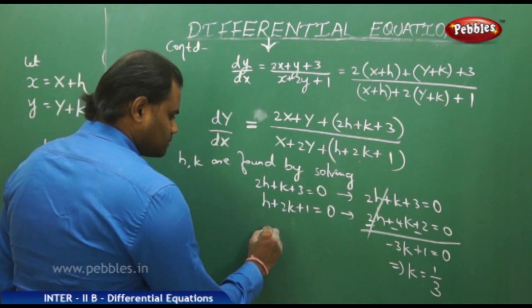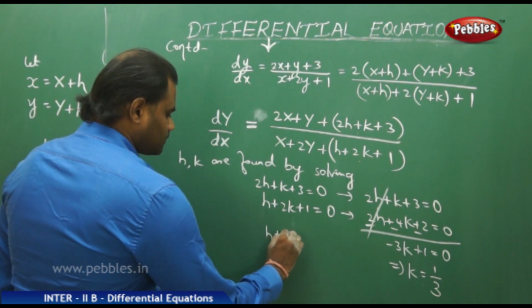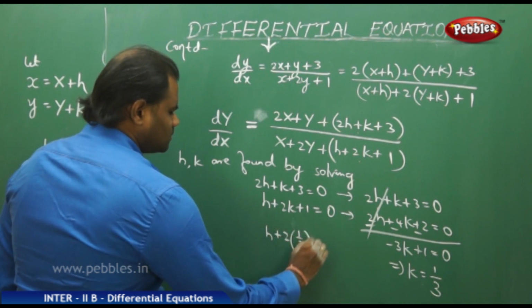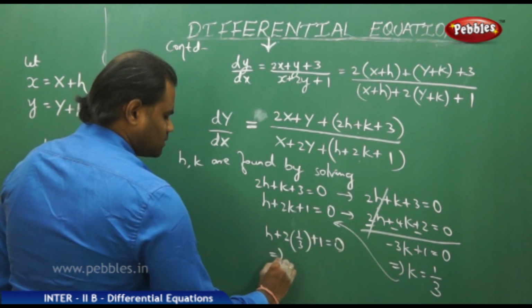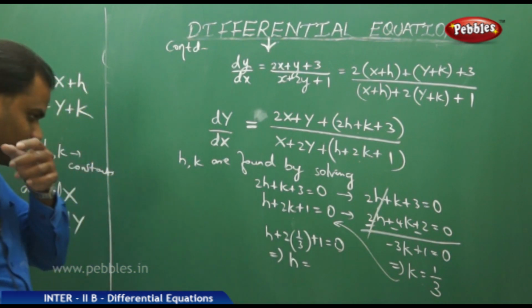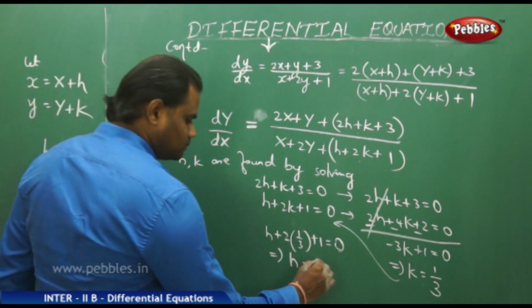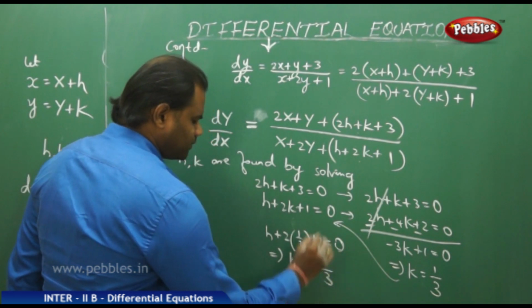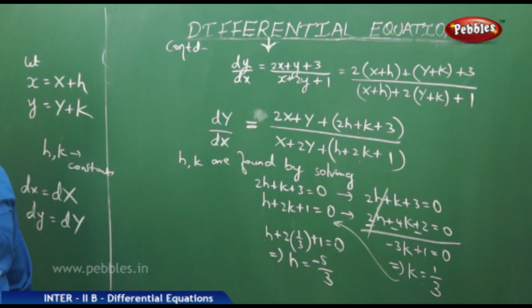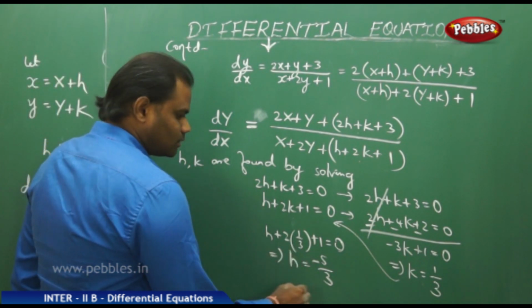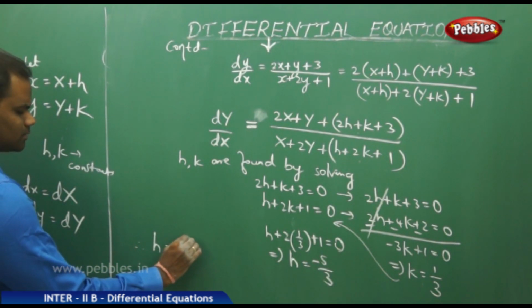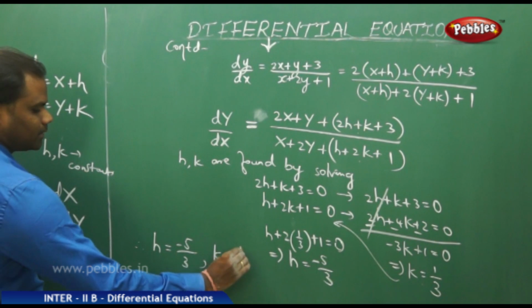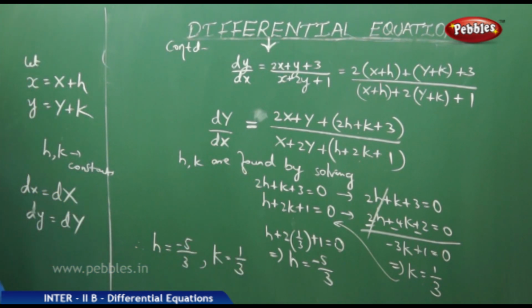When substituted in this, gives us h equals 2 by 3 plus 1, 5 by 3, which is negative 5 by 3. Therefore, the two values of h and k are h is minus 5 by 3 and k is 1 by 3.